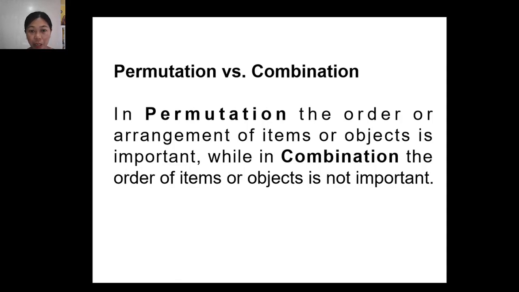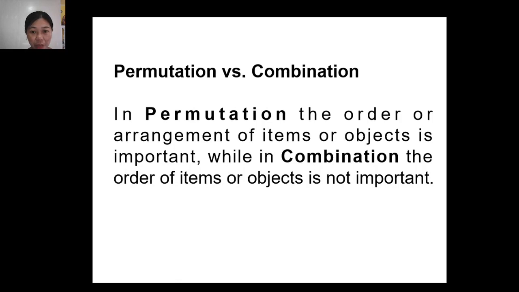If the order of arrangement of items or objects is important, then permutation. Nangangailangan ng pag-arrange, first, second, and third. So, meron tayong certain positions na given in order to arrange. So, arrangement does matter in that case.